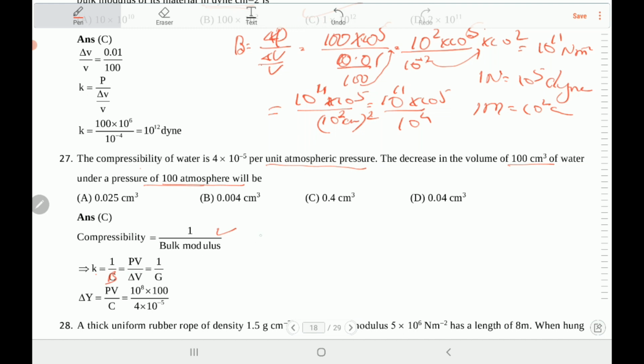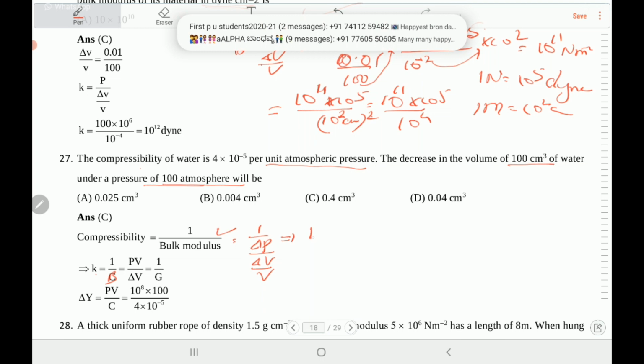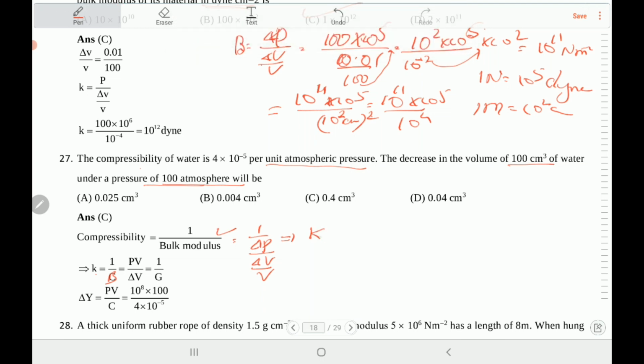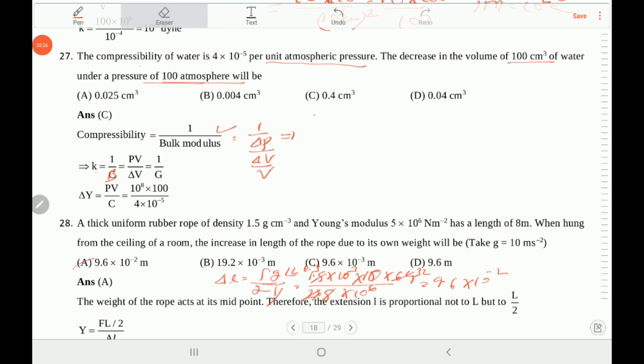What is bulk modulus? Bulk modulus is, we can write this way, delta P, change in pressure, divided by delta V divided by V. So you can solve for bulk modulus. I'll write B, that is equal to P divided by delta V by V. We'll start like this because while cross multiplying some mistakes have occurred here.